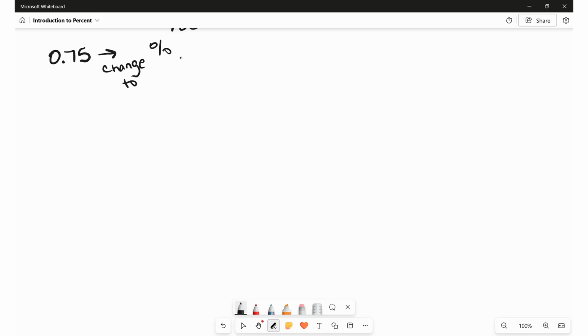Well, if you think about this, 0.75 is also 75 hundredths if we use place value words, or 75%.